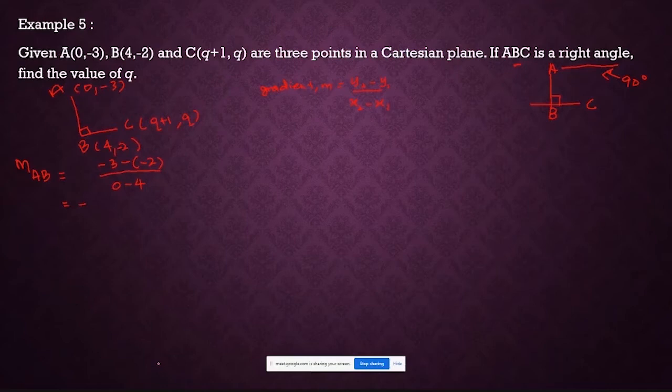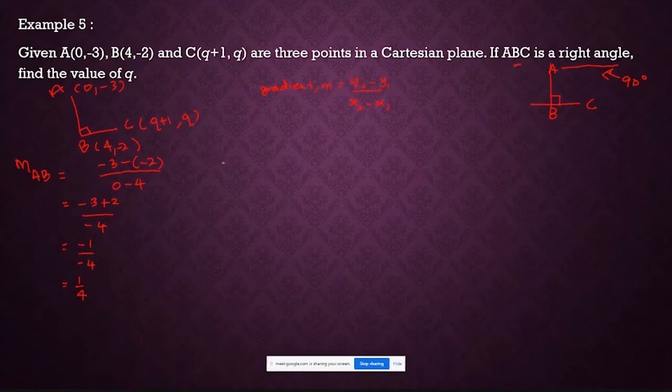So negative 3 plus 2 over negative 4 is negative 1 over negative 4. So it is 1 over 4.